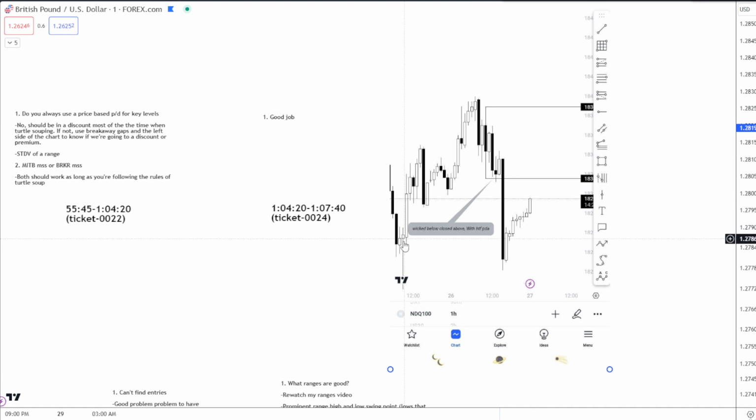But we had this long wick. Right, we had this long wick down here, so this should have been your drawn liquidity, right? We had these failure swings, and this long wick down here below this range low. So that should likely be your drawn liquidity, right?